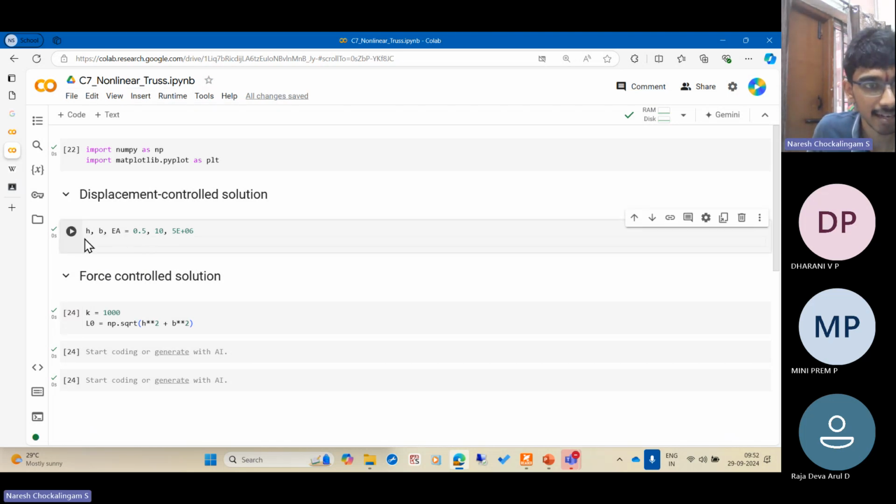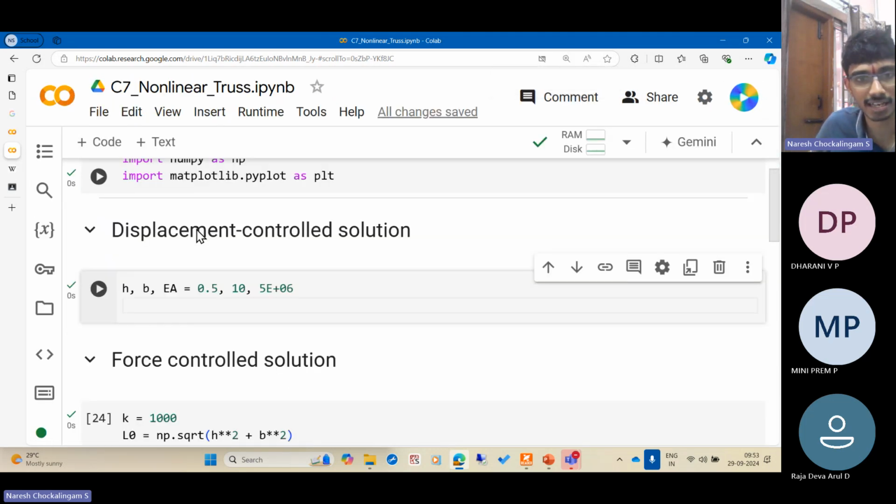So I'm taking these values: h as 0.5 meters, b is 10 meters, and EA I'm taking as 5 meganewtons, that is 5 into 10 power 6 newtons. So now you can tell me what I should do next.